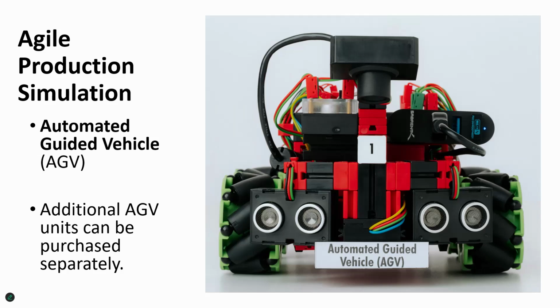It uses ultrasonic sensors to detect obstacles that may be in its way. The vehicle has omni wheels, which allow it to move in all directions. 2 buttons and a photo transistor help the vehicle dock to individual factory models. The AGV receives its driving commands from the central control unit, which is an industry standard VDE 5050, and it uses a Fisher Technic rechargeable battery pack as its power supply.